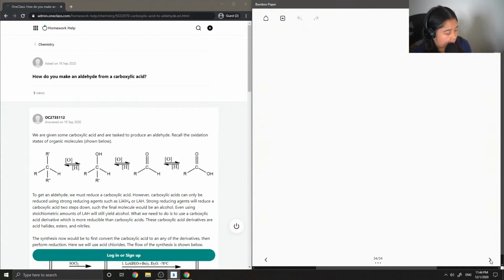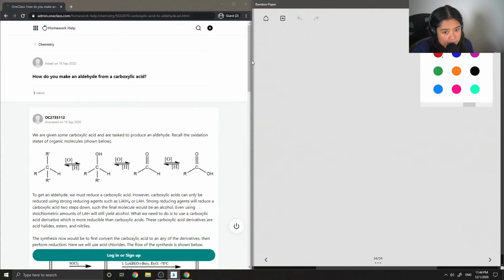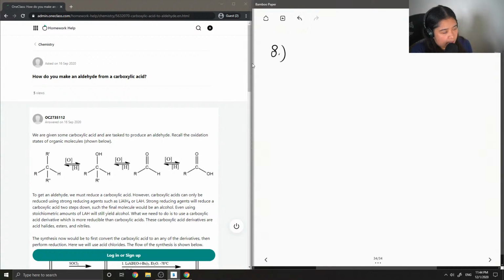Okay, so moving on to question 8. How do you make an aldehyde from a carboxylic acid? So unfortunately, making an aldehyde from a carboxylic acid doesn't just use one reagent.